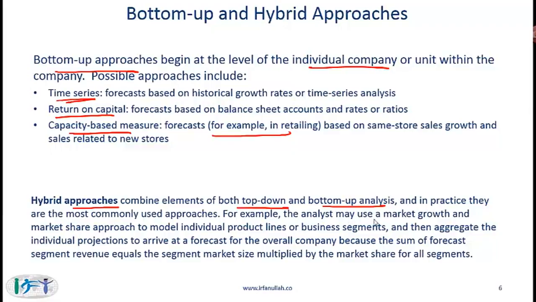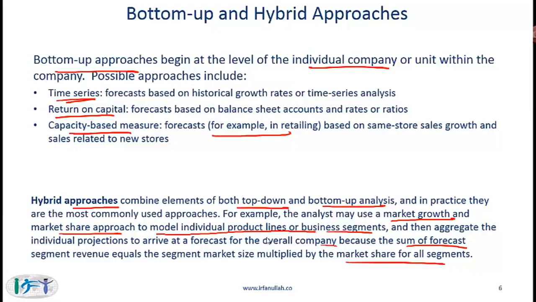For example, the analyst may use a market growth and market share approach to model individual product lines or business segments, and then aggregate the individual projections to arrive at a forecast for the overall company, because the sum of the forecast segment revenue equals the segment market size multiplied by the market share for all segments. So this could happen on a segment basis or it could happen on a geographic basis.